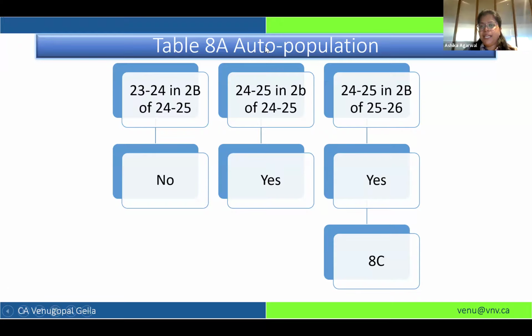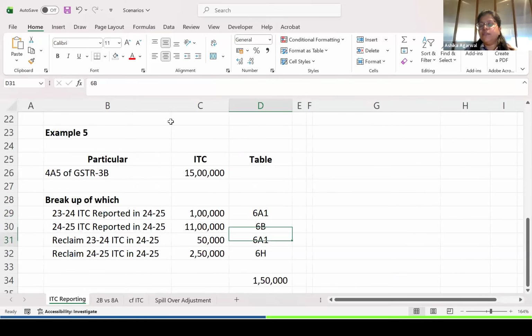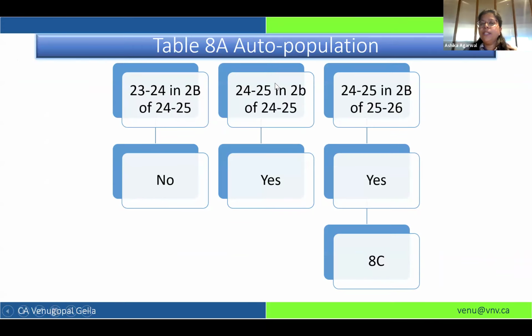But for table 8A auto-population, they are saying they will not include 23-24 ITC, even though it is auto-populated in 2B of 24-25. So they are excluding this, and the impact is reduced by way of 6A1. So what will auto-populate?